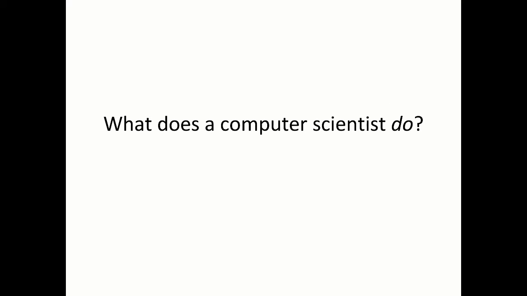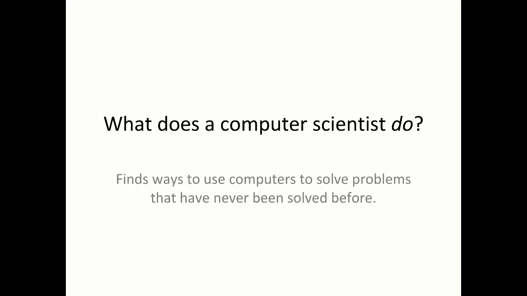So what does a computer scientist do? Well, computer scientists find ways to use computers to solve problems that have never been solved before. This is in contrast to other areas of technology. For example, information technology, or IT, is looking to adapt existing solutions for a particular client's needs.